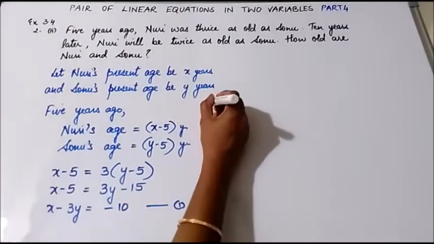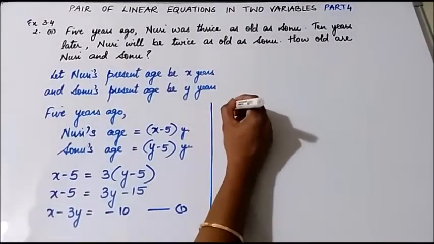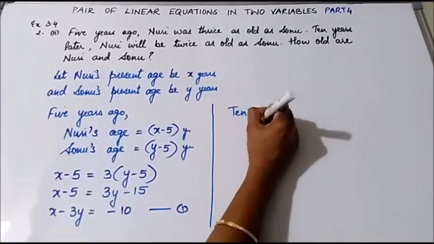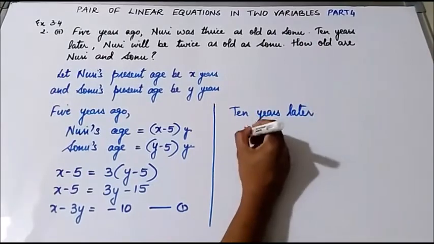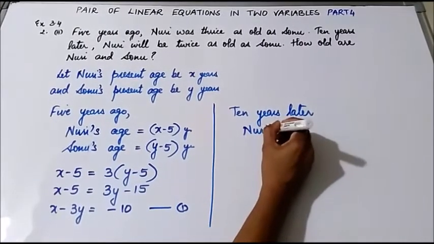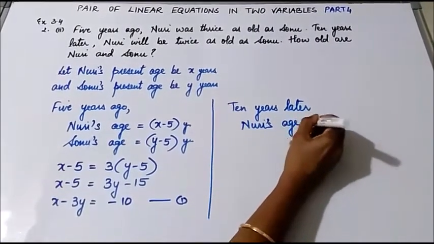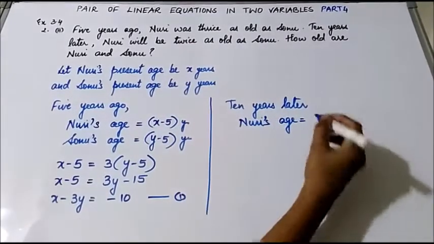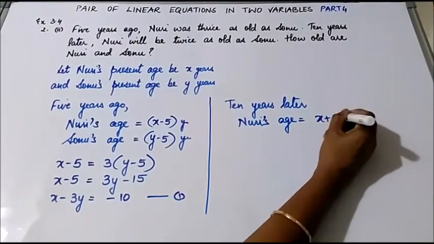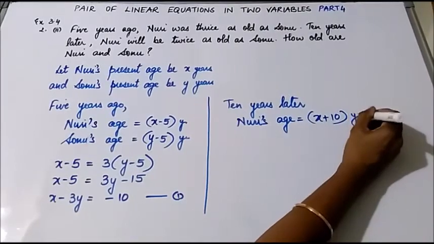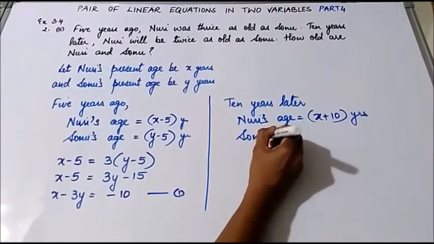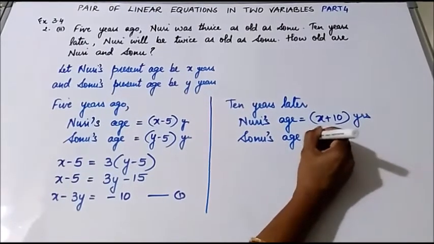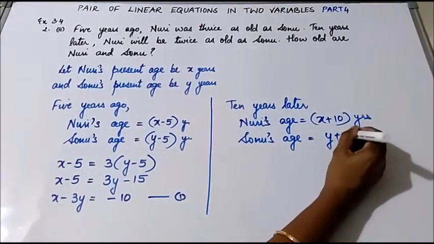It is given 10 years later. Nuri's present age is x. After 10 years, her age will be x plus 10 years. Sonu's age will be y plus 10 years.